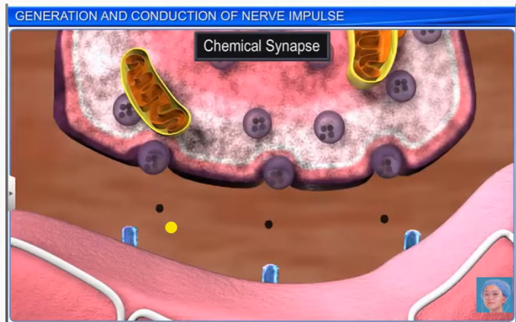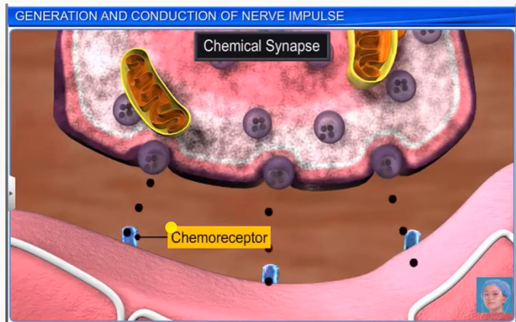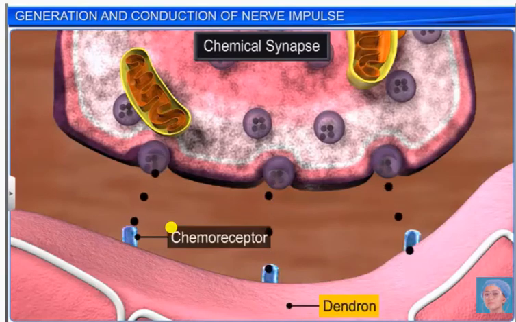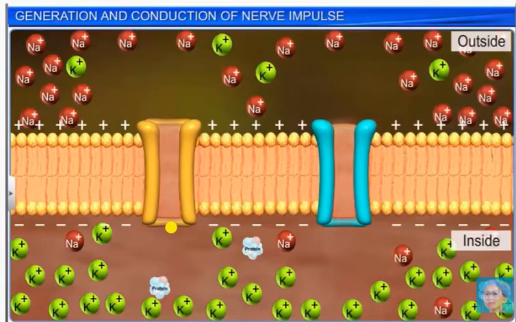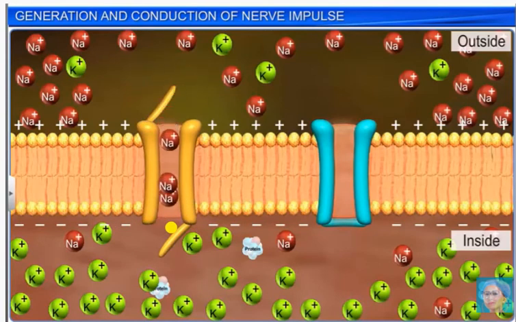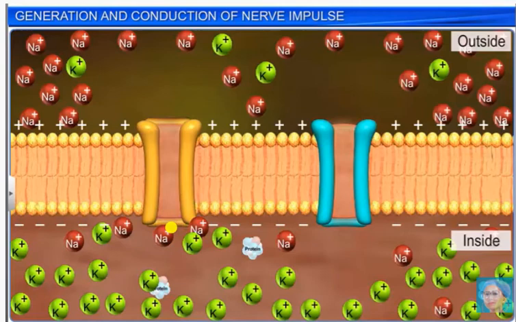The neurotransmitters, thus released, bind to their specific chemoreceptors present on the postsynaptic membrane of the dendron. This binding opens sodium ion channels that allow the entry of ions to generate a new potential in the postsynaptic neuron. This may lead to the development of an excitatory new potential or an inhibitory new potential.